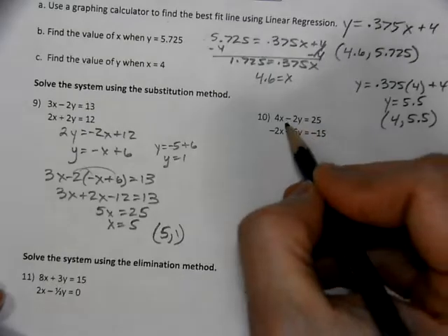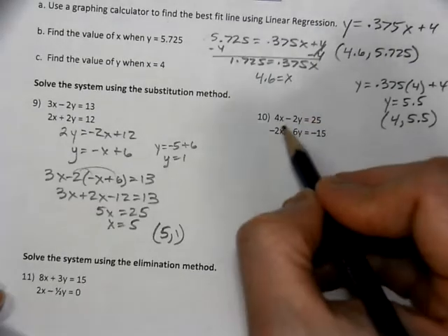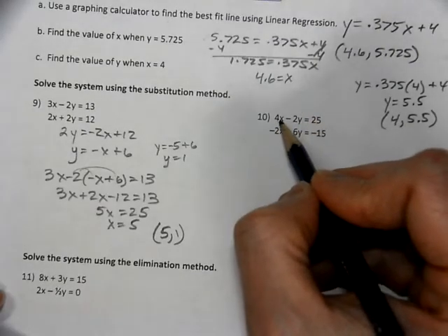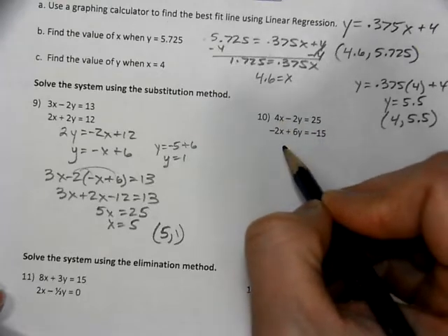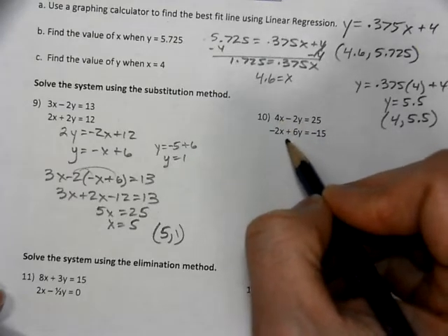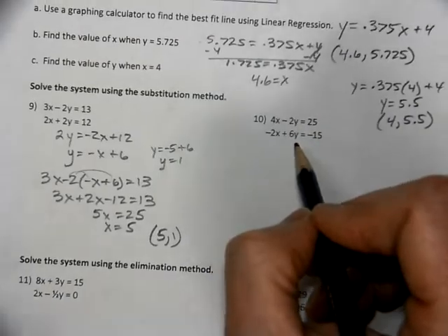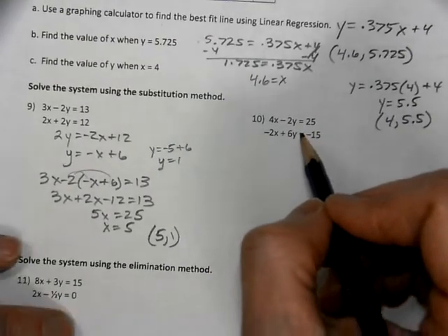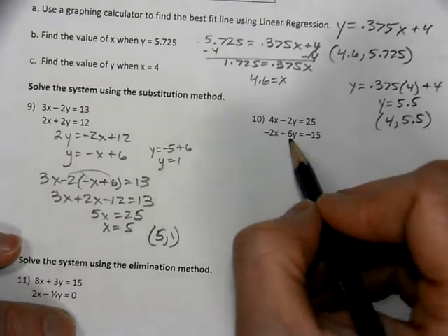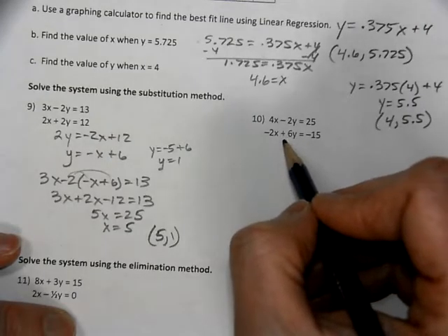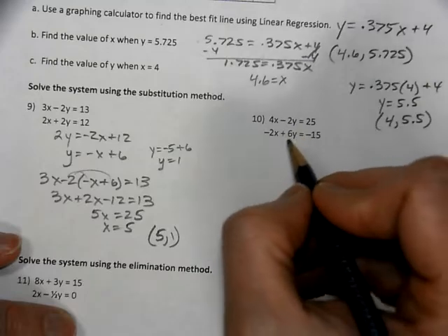So for substitution, we get one of our variables by itself. Sometimes you've got to be a little tricky on how you're going to do that. So here, it's not going to come out really clean, but we'll make it work.